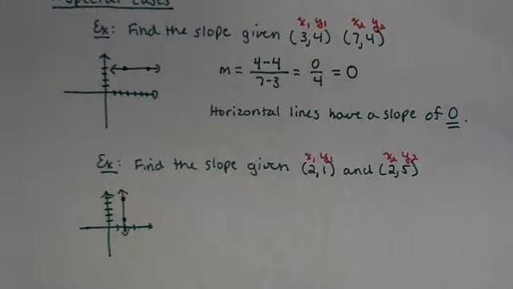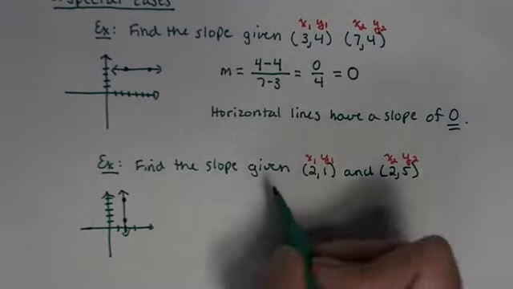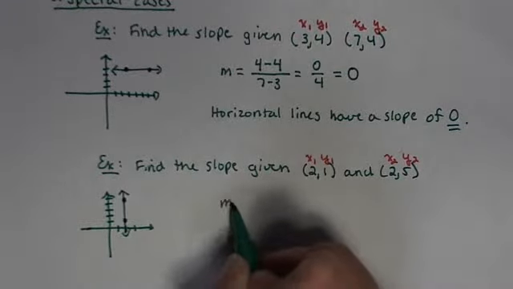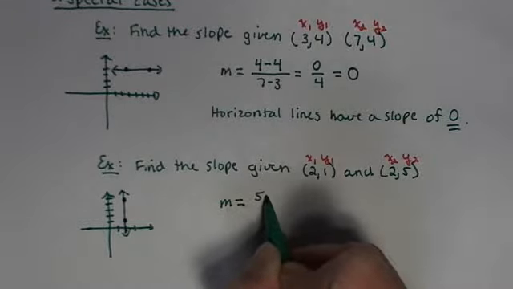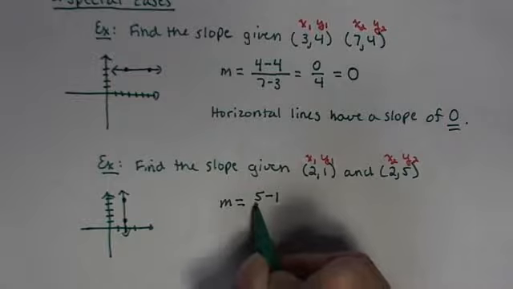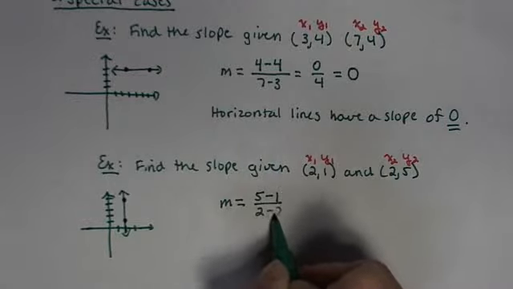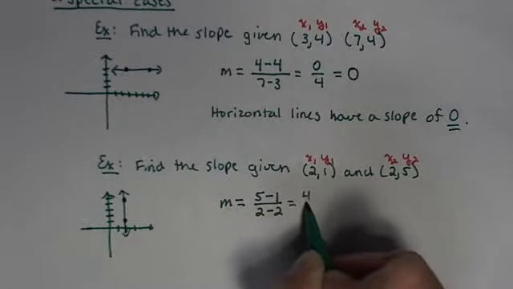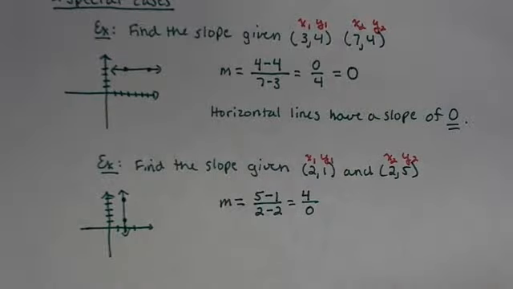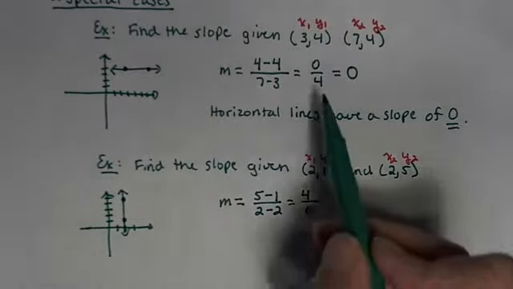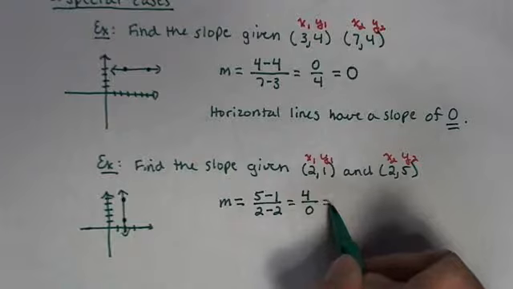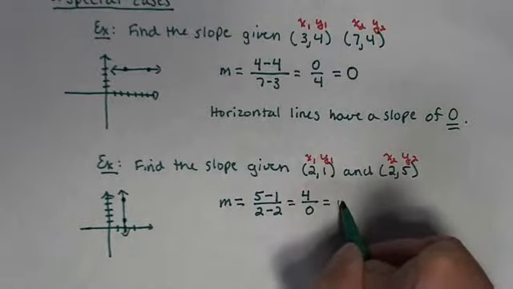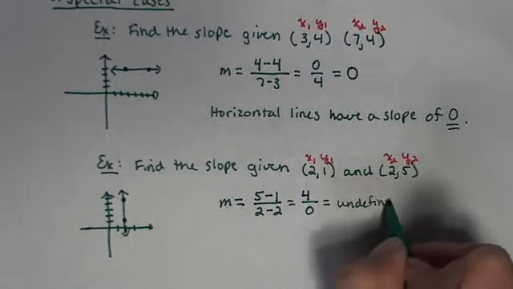on a vertical line. So if I look to find the slope here, m is equal to, now my y sub 2 is 5, my y sub 1 is 1, over 2 minus 2. Well, that gives me a 4 over 0. It's upside down from up here, and what does that mean? Well, by definition, we cannot divide by 0, so when we're talking about slopes, this is an undefined value.